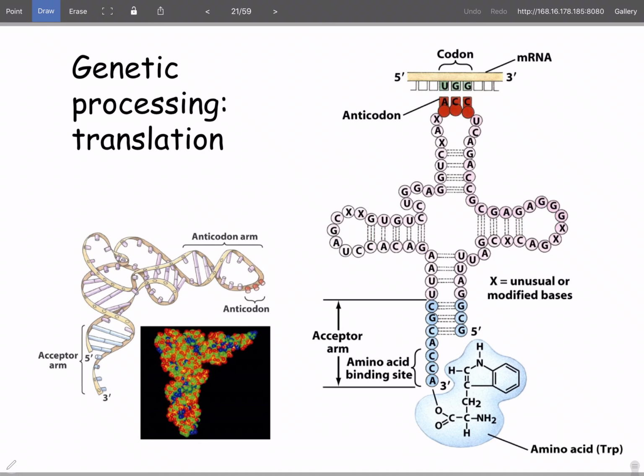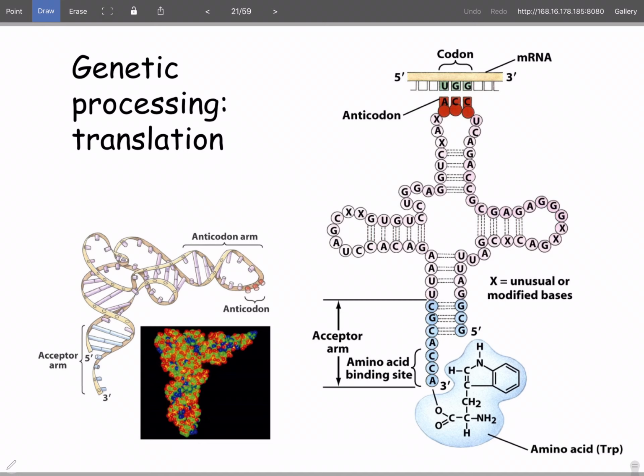So next, what connects the codon sequence with the amino acid sequence? This was proposed by Crick, Watson and Crick. He happened to be right. He called it his adapter hypothesis.